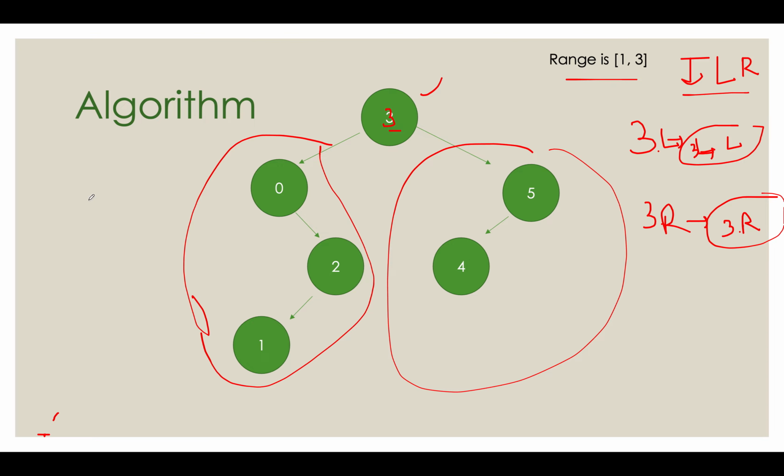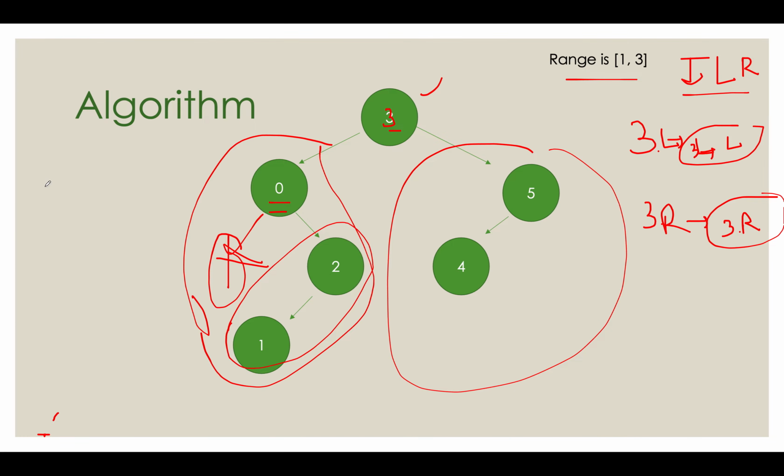Now we have 0. 0 doesn't lie in this range. Since this number is less than the range, we'll ignore its left subtree, and we will return whatever the result of its right subtree is, since it will be higher than the current value, 0. We will return the response of this subtree back instead of the 0 number itself.